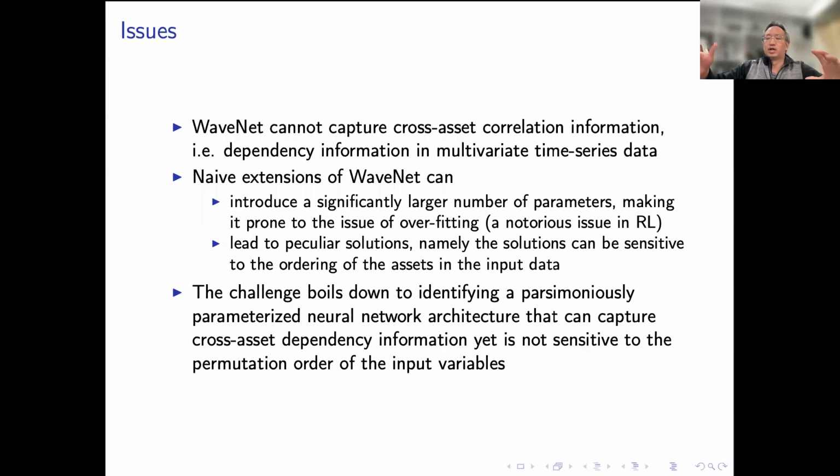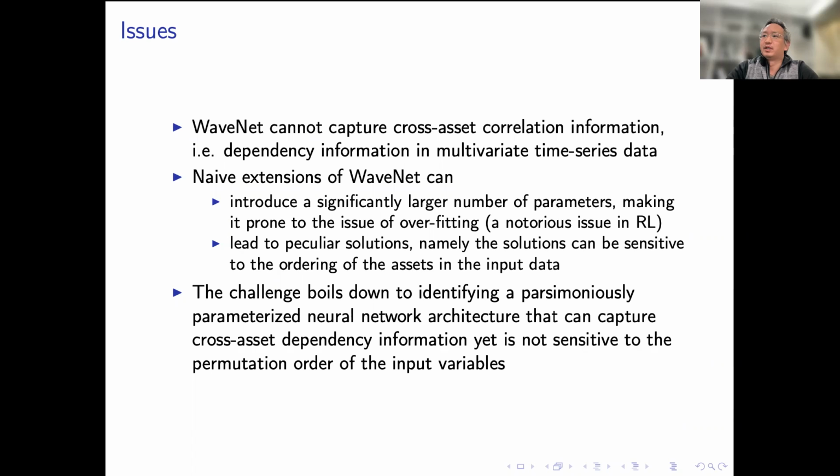But although the simplest fully connected neural network would not have this issue of being sensitive to permutation, at the same time, it is an overly parameterized neural network, right?